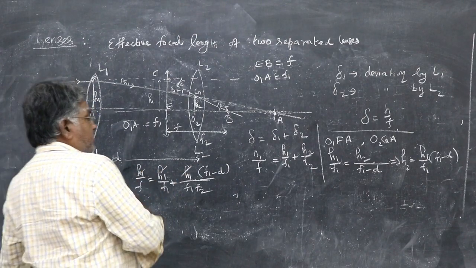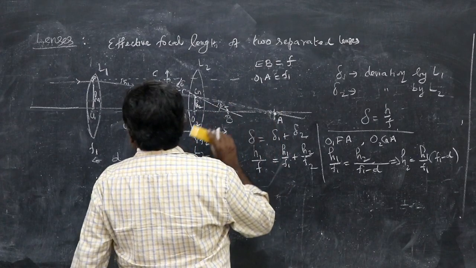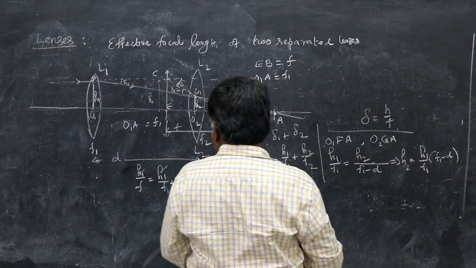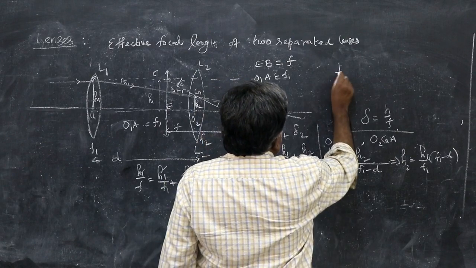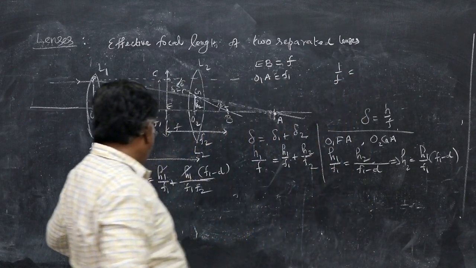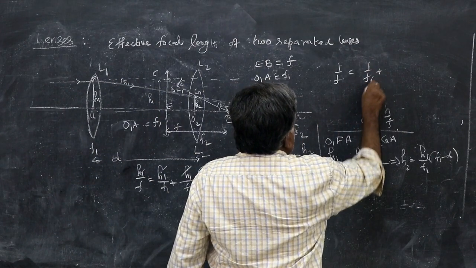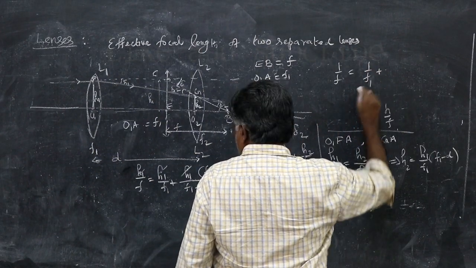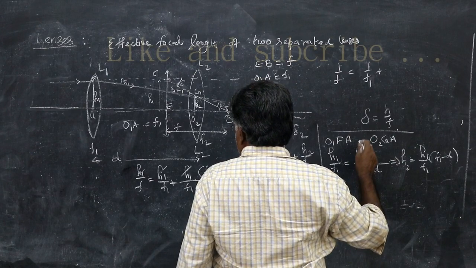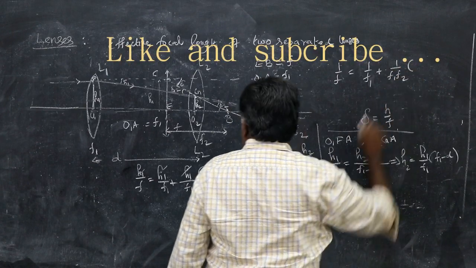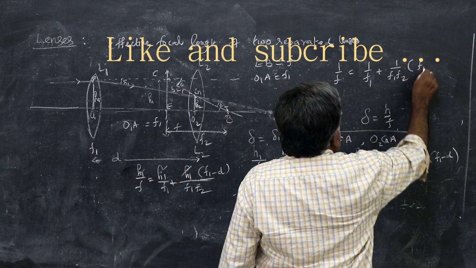So 1 by f is equal to 1 by f1 plus 1 by f1 f2 into f1 minus d.